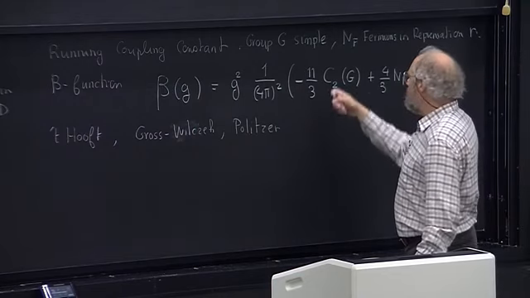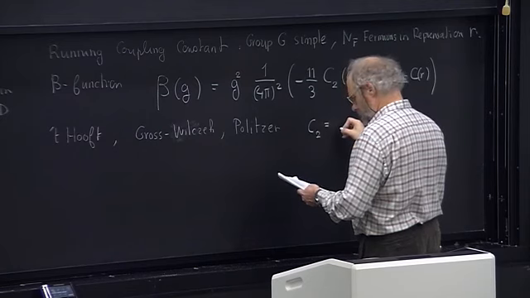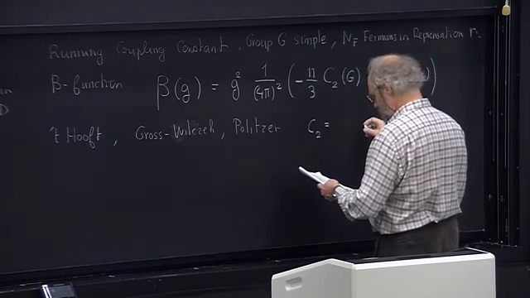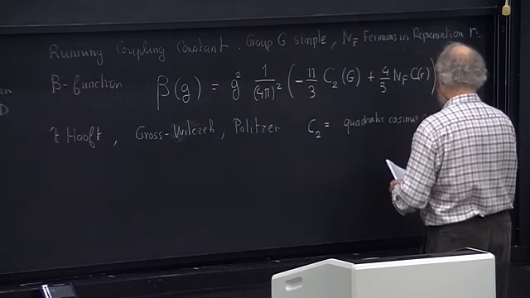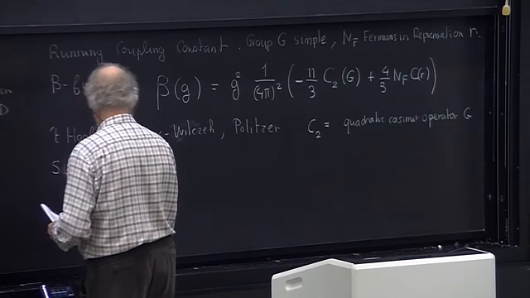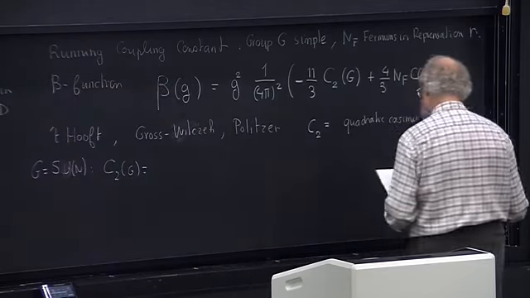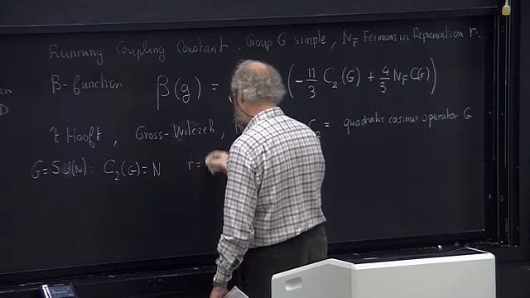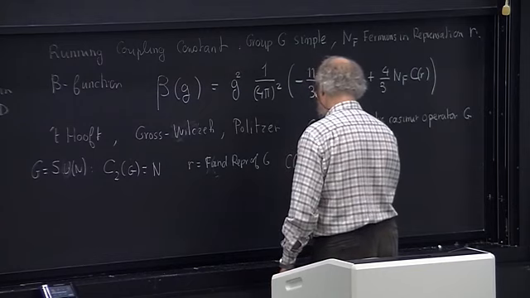Okay. And the important point is that this coefficient C2 is called the quadratic Casimir operator associated to G. And the important point is that for a group SU(N), the C2 of G is N. And for R equals the fundamental representation of G, the C of R is 1/2.